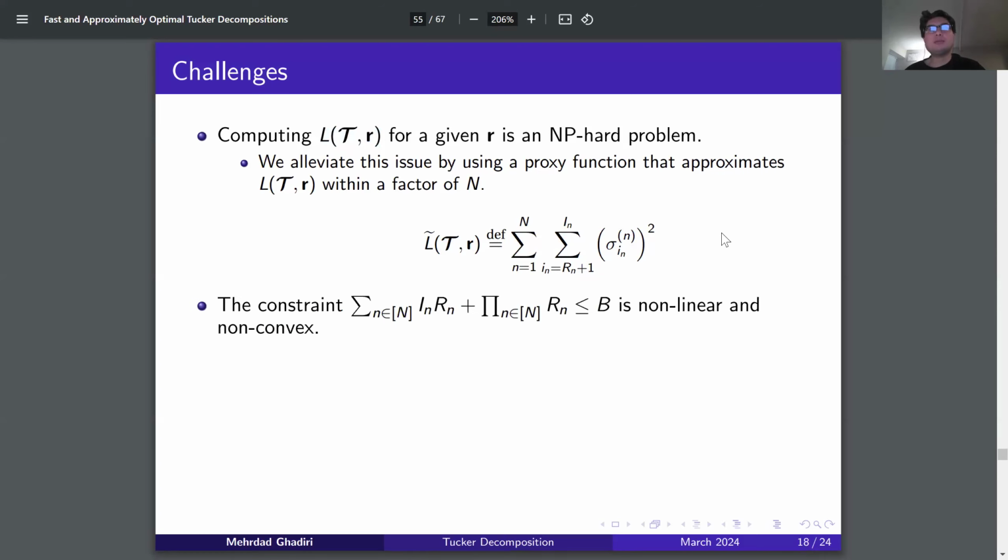What is the second problem with solving this Tucker packing problem? The second problem is that this constraint is very nonlinear, very non-convex. So how do I solve an optimization problem with this constraint?